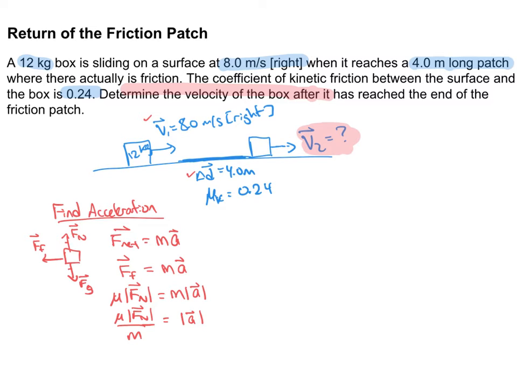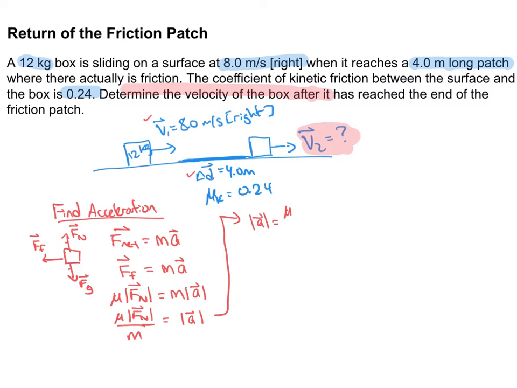But a big question is, what is the normal force? Well, in this situation, the normal force is equal to the force of gravity. Just look at the free body diagram. They're equal in magnitude. So I can actually replace the normal force in this case with mg because they are equal.